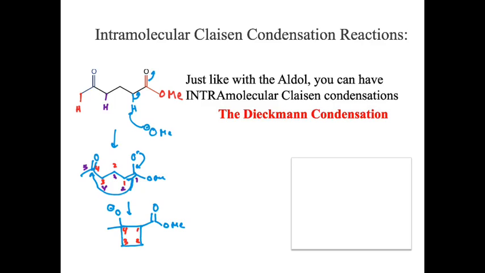Okay. This is why sometimes it actually makes sense to draw your active nucleophile. The active nucleophile puts the negative charge on this carbon. 1, 2, 3, 4. It does not put the negative charge there.